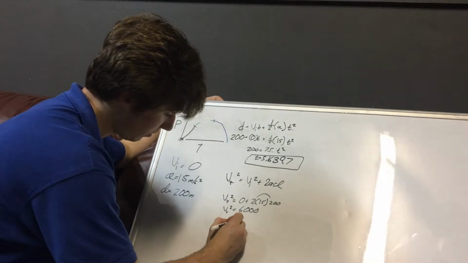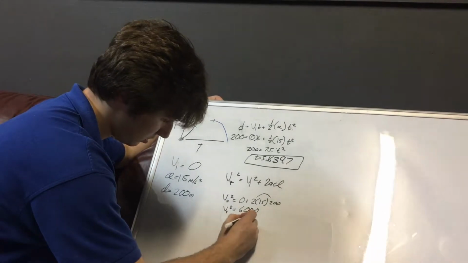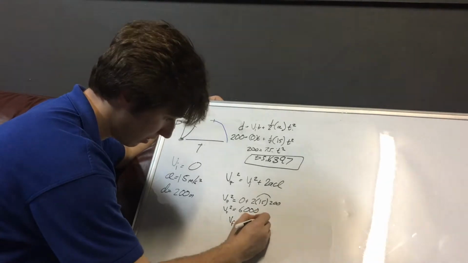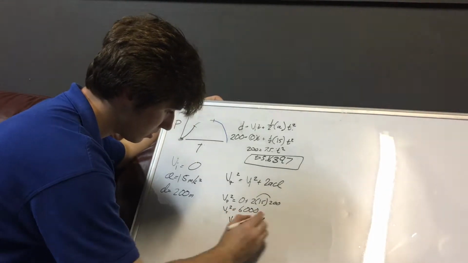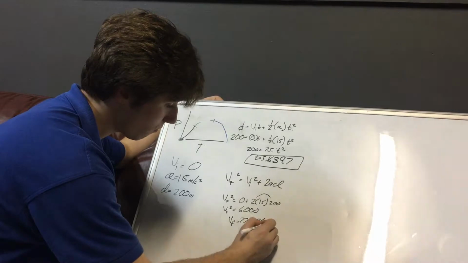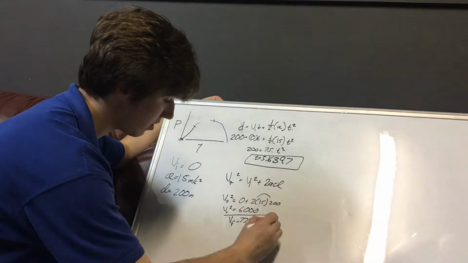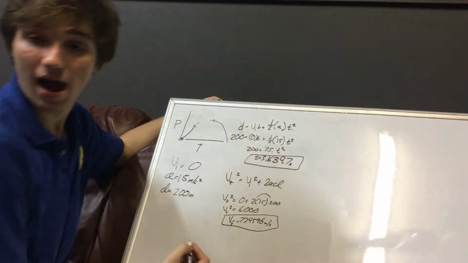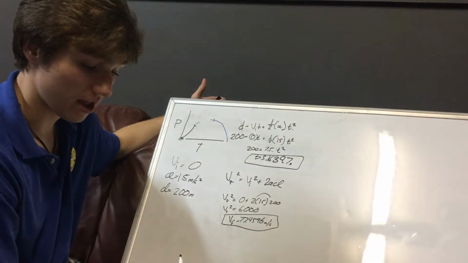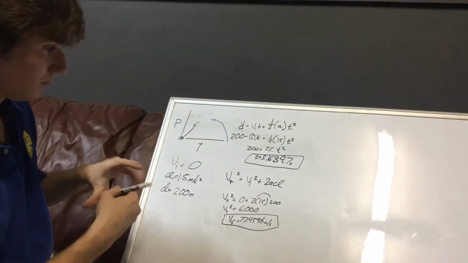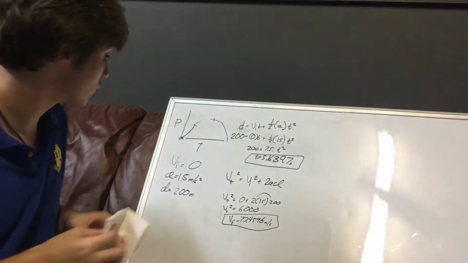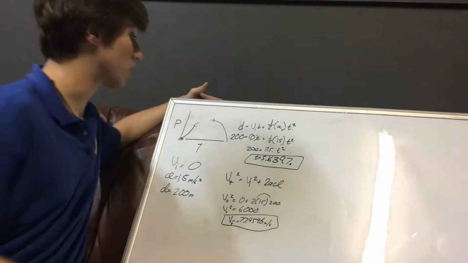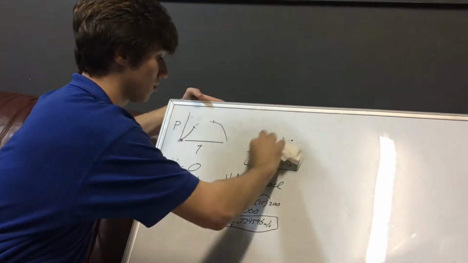The square root of 6,000 is 77.4596. So 77.4596 is our final velocity for this section, giving us another answer as to how fast Dart was going when the magic shut off. Moving on to section 2.